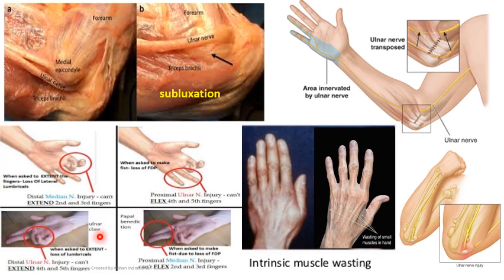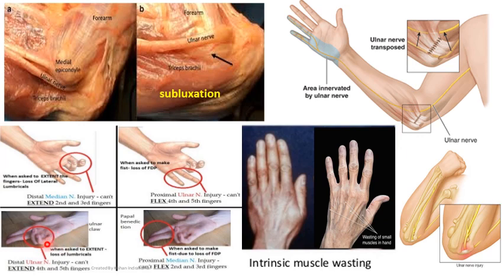And if the injury is more distal, that is nearer to the wrist, the claw hand is more pronounced. So when the person is asked to extend all the fingers, the person with the injury to the ulnar nerve at the wrist will not be able to extend the ring and little fingers because of the loss of lumbrical function.